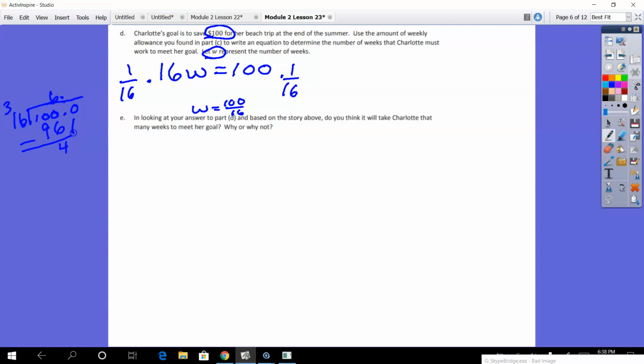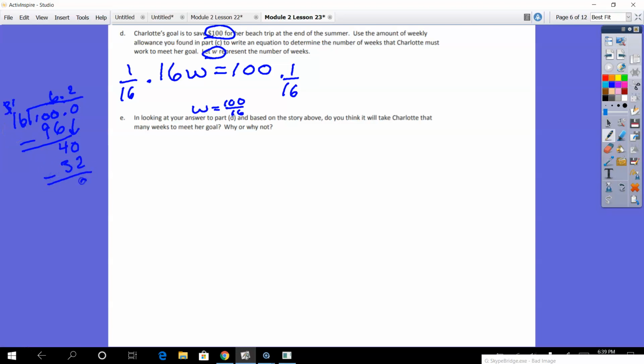Putting the decimal up, putting the 0 down. 16 will go into 40. Let's see, 2 times 16. 2 times 6 is 12. 2, 3, 32.